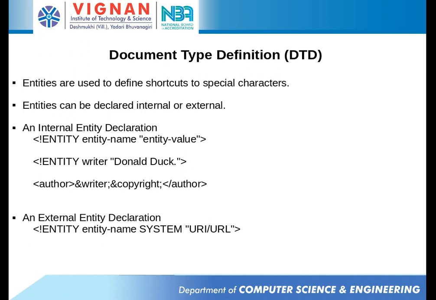For example, here ENTITY writer, where writer is the entity name and Donald Duck is the value. Entities are used generally as ampersand, entity name, and semicolon. So wherever ampersand writer semicolon is there in your XML document, that will be replaced by Donald Duck. So that's how entities will work.